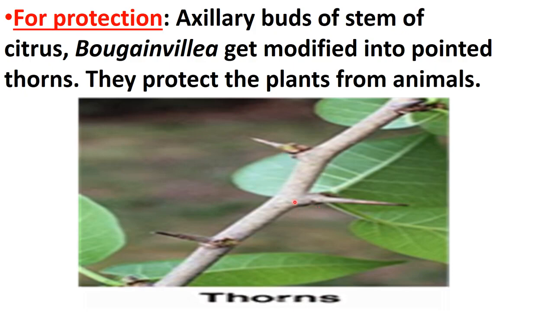From the axillary buds. You know about the buds: axillary buds are present in the axils of leaves, right? So here the axillary buds of the stem of citrus, meaning all citrus plants like orange and lemon, and bougainvillea, get modified into pointed thorns. They protect the plant from grazing animals.